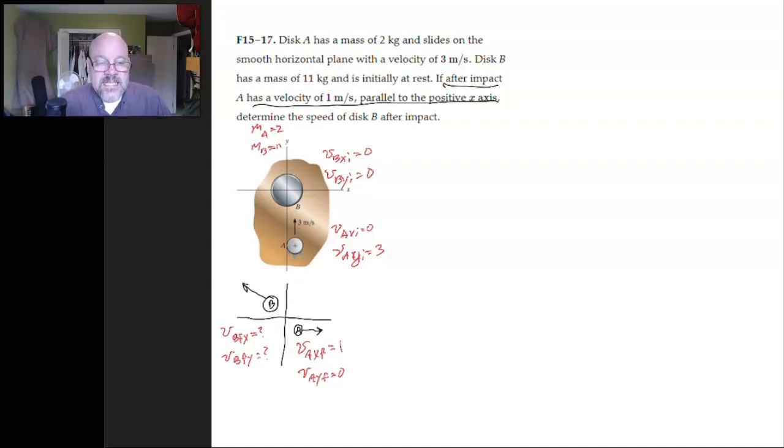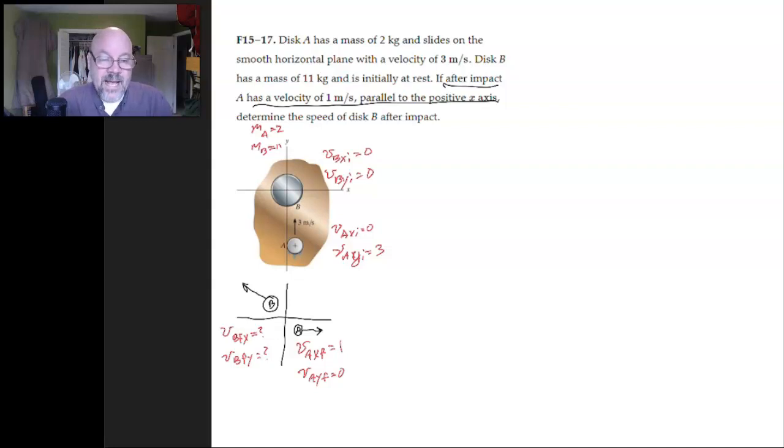Now, they don't give us a coefficient of restitution, but that's okay. Let's think about what we've got. We've got 2 unknown pieces of information, right? The final velocity components for B. We don't know any of those things.